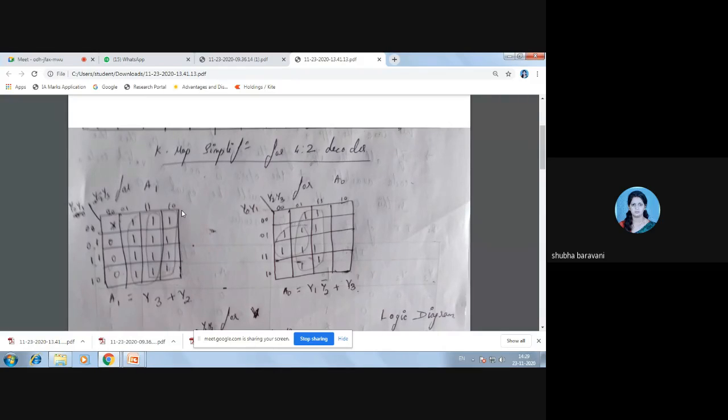Should I draw the K-map or can you draw this? Any issues in drawing this K-map?